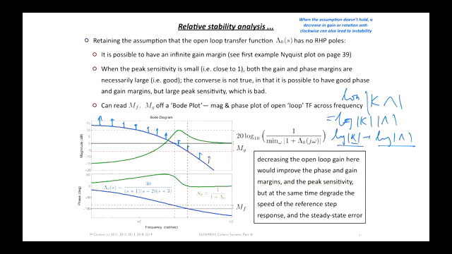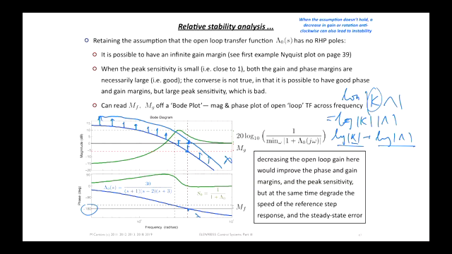So the gain margin is about how far I can move this up before it sits on the 0 dB line at the frequency where lambda has phase equal to minus 180. Multiplying by a positive constant k is not going to change the phase. So it just changes this part, it doesn't change this part.